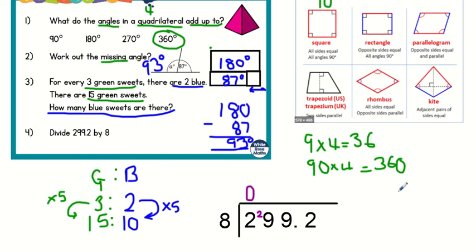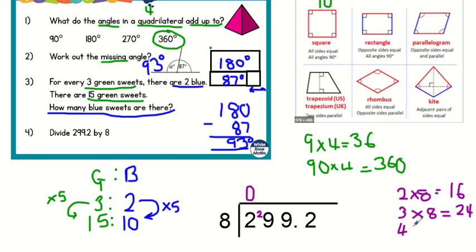Well, I know that 2 times 8 is 16. And I know that 3 times 8 is 24. That's right, everybody. Okay, so I'm getting a bit closer.